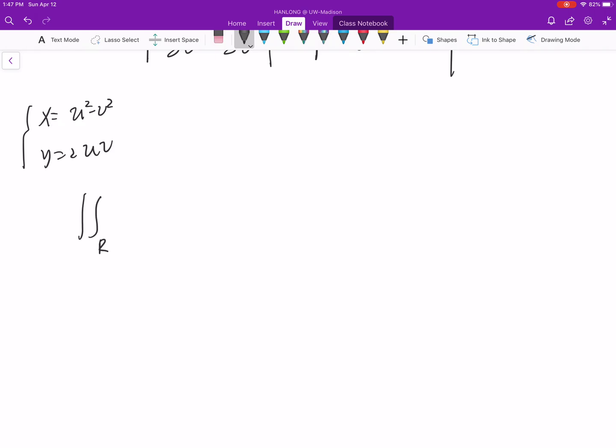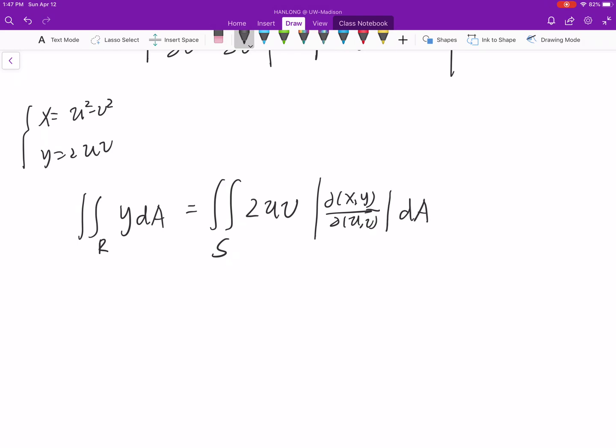And then the integration of y over R is transformed into integration over S of 2uv. This is because y is 2uv, times the Jacobian. Yeah, I would like to write it down step by step.